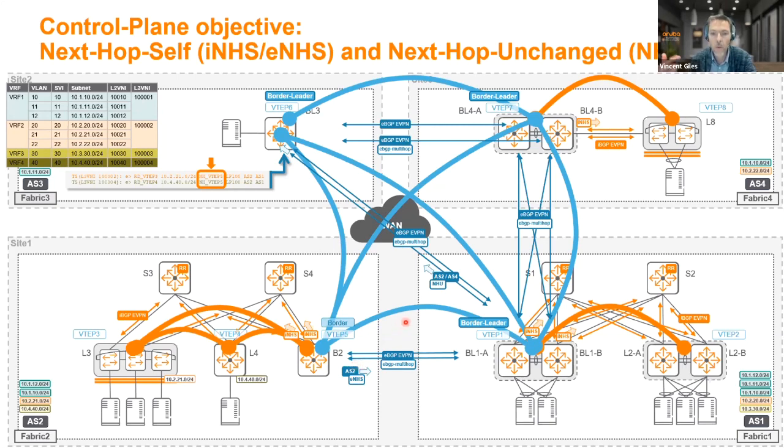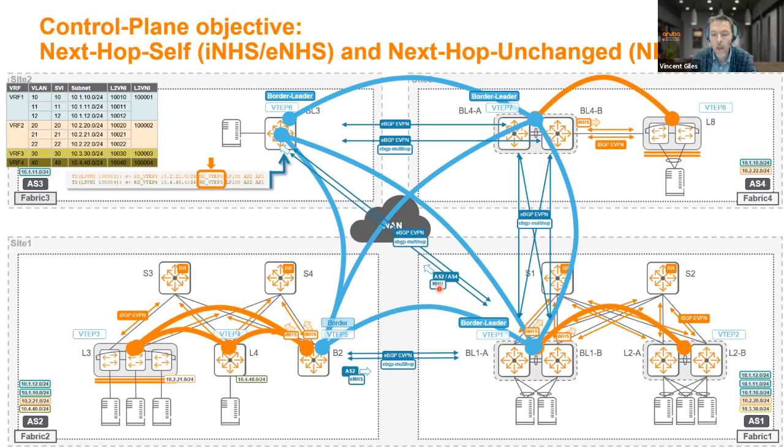And you'll see that there is another mechanism that is used, which is the rewrite of the router MAC for L3 VNI. I will come into that. Next, VTEP1, the border leader, sending those routes to the other fabric, let's say fabric 3, should not change the next hop.